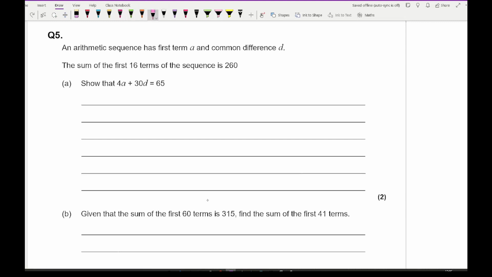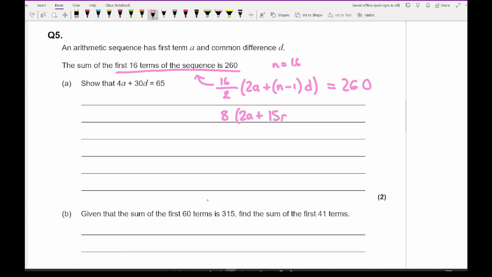Looking at this and using this bit of information here, we know that we've got 16 over 2 times (2A plus (n minus 1)D), and that equals 260. Simplifying all of this, we get 8 times (2A plus, now n we know is 16, so 15D) equals 260.